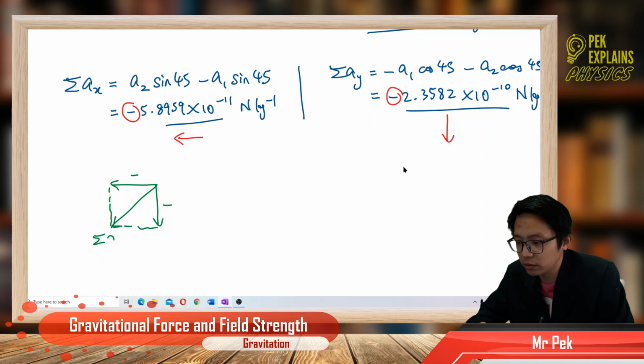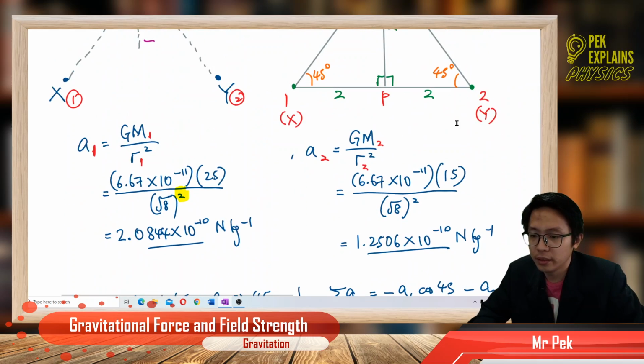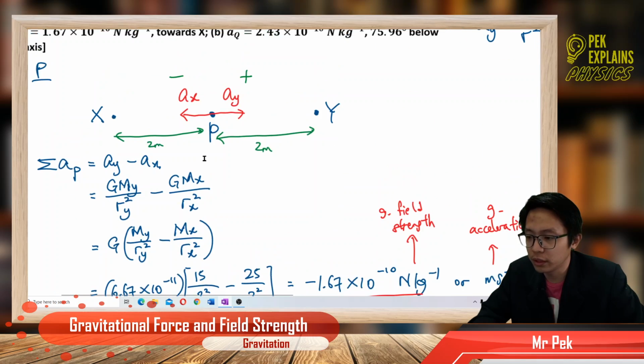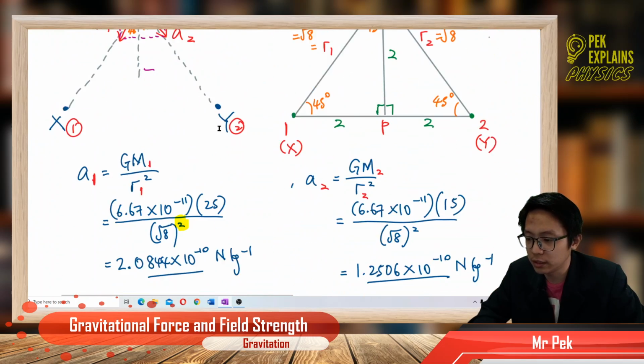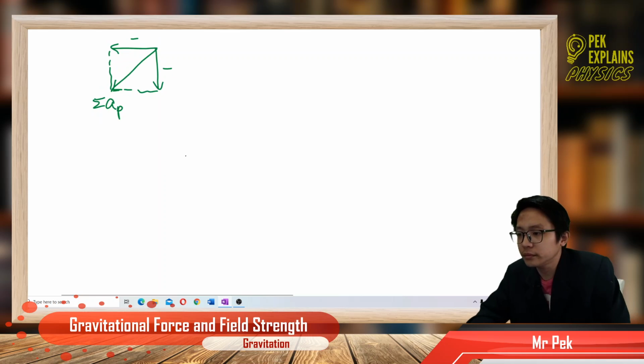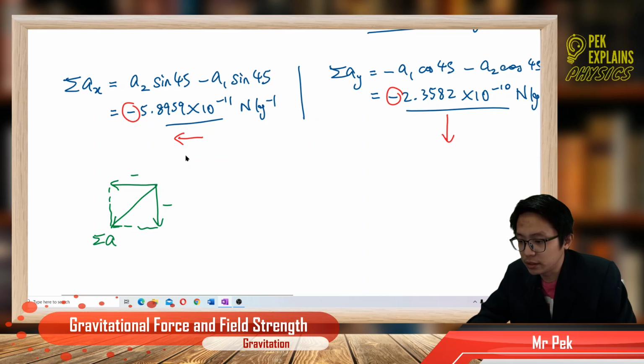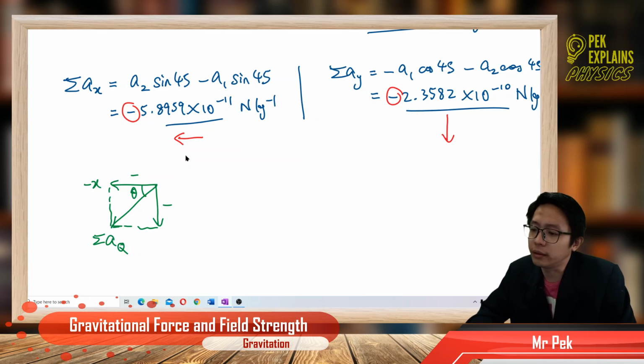This is total A for Q. Okay, that's Q, not P. And we need to find the angle theta. The theta is below the negative x-axis.